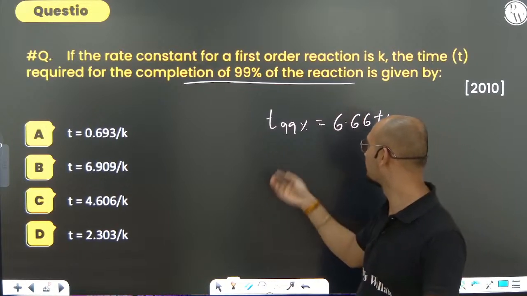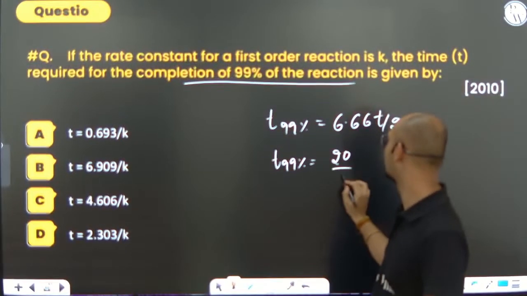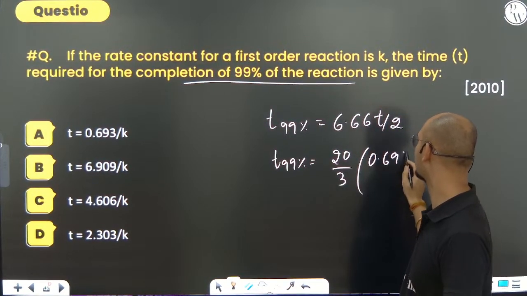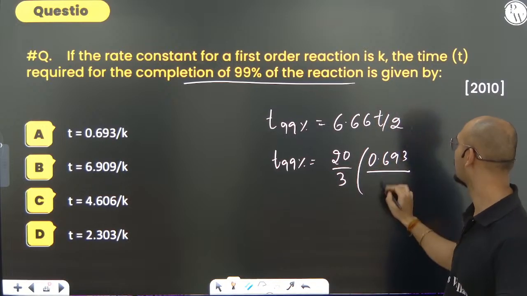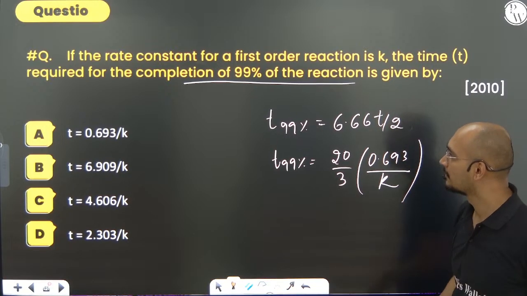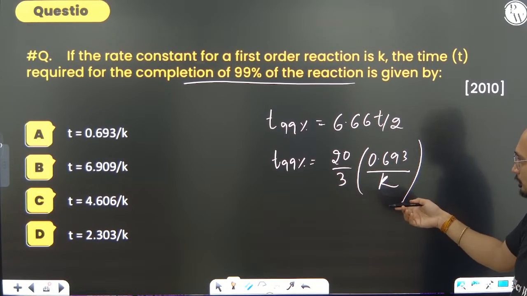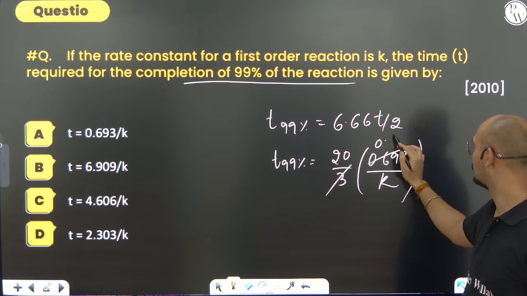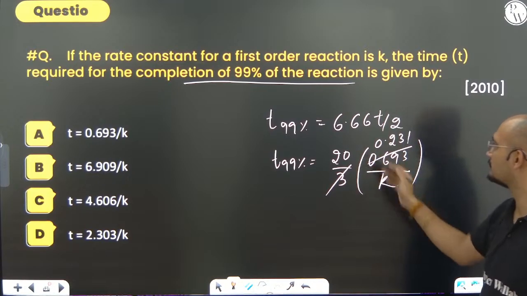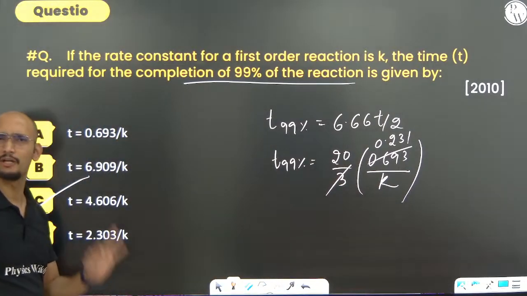So in such a case, T 99% will be 6.66, that is 20 by 3, times T half, and T half equals 0.693 divided by k, which is given. So T99 is 20 by 3 times that. Do we have any answers coming? Yes, we can have 0.231. 2 threes are 6, 2 twos are 4, so 4 point something. Option C.